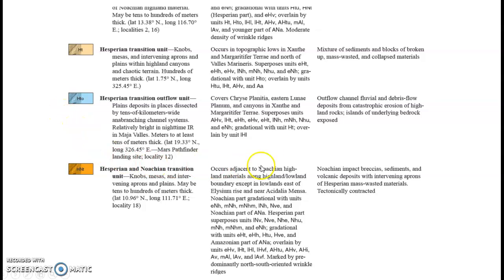If we just think about this HTO unit again, you can actually zoom in on the legend and it will have all of this information in there for you. So we've got HTO, and it tells us the full name of that unit. So it's the Hesperian Transition Outflow Unit. And it's telling you that it's in places where there are these branching channel systems.